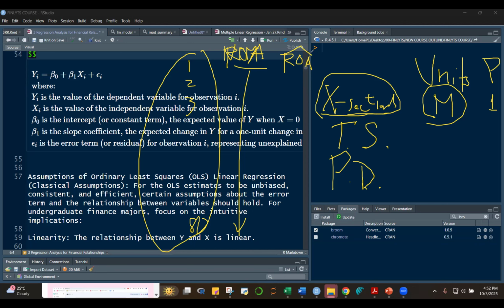Hat stands for your predicted value. So you compare, class, your ROA actual, ROA sub i, ROA hat sub i, and then the difference between them is your epsilon. So now you have your column here for ROA, you have your column here for residuals.